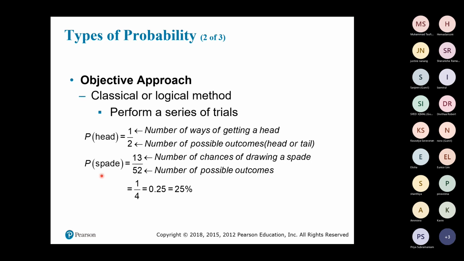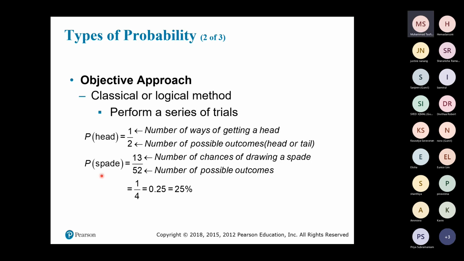All right. So this one is the logical approach. You calculate the number of your desired outcome, and then you divide it by the total of possible outcomes.